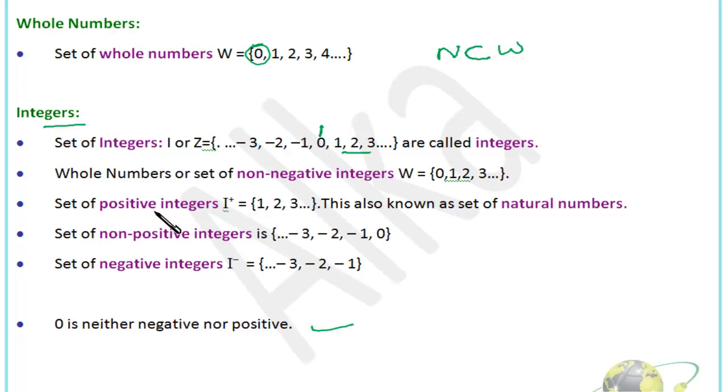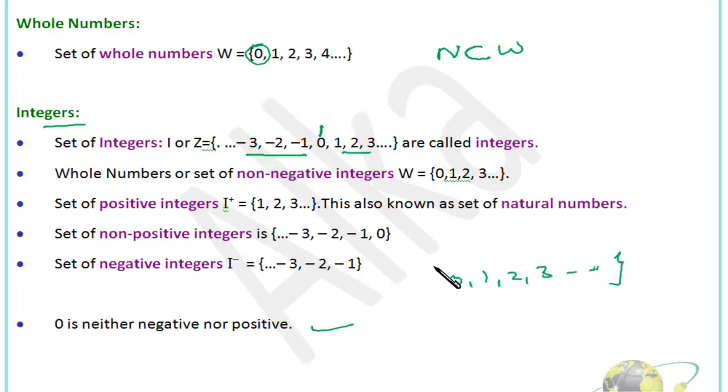Okay, so positive integers are denoted by I plus, so it's 1, 2, 3 till infinity. If we discuss non-positive integers, we need to leave all positive integers, inclusive of 0. So non-positive integers are ..., -3, -2, -1, 0. Similarly, if we talk about non-negative integers, in that case we have to leave all the negative integers and the series starts from 0, right? 0, 1, 2, 3.